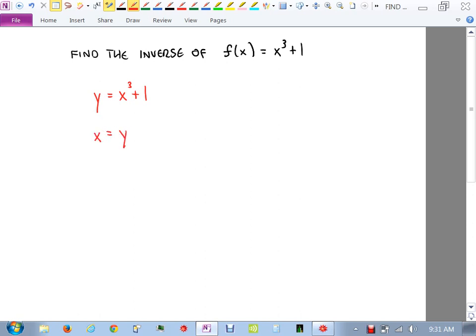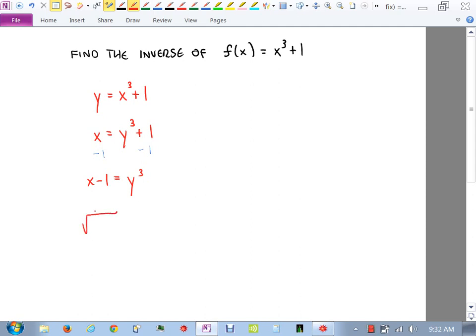So I switch my x and y, and now I solve for y. Right now I have y cubed plus 1 on the right side, so I would subtract 1 from both sides. That would leave me with x minus 1 equals y cubed. And if I want y just by itself, I would take the cube root of both sides of this equation.